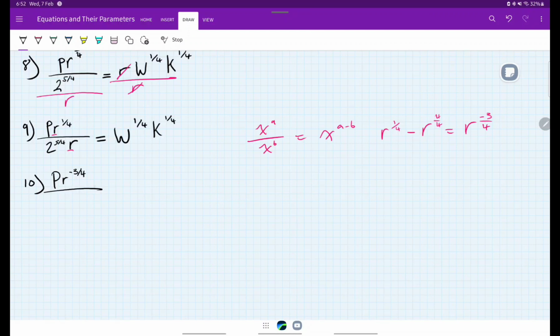Technically, you could pull this 2 to the 5th up using the product rule. You would get the negative because it's moved across. But then you would bring all those negative exponents down again, so you would have p on the top over r to the 3/4 to the 5/4.